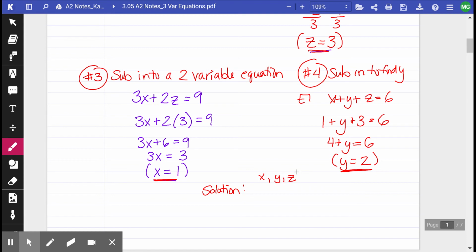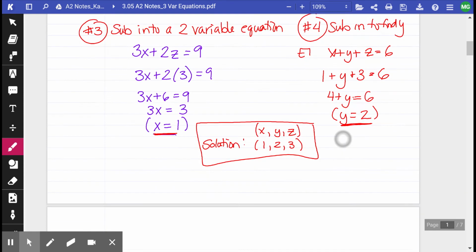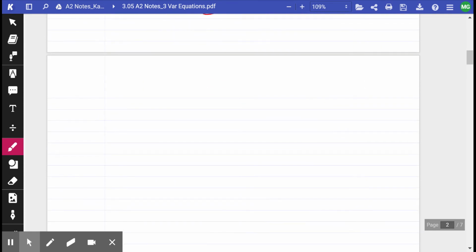If you had other letters like A, B, C, it would go in alphabetical order. So our x is 1, our y is 2, and our z is 3. So these 3 equations will all intersect at exactly 1 point. Pretty cool. Let's try another one.